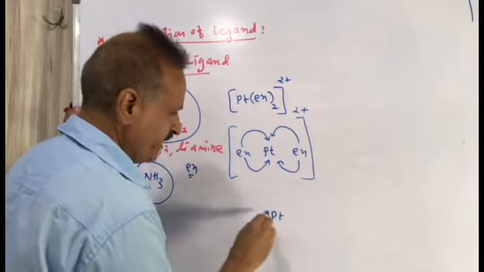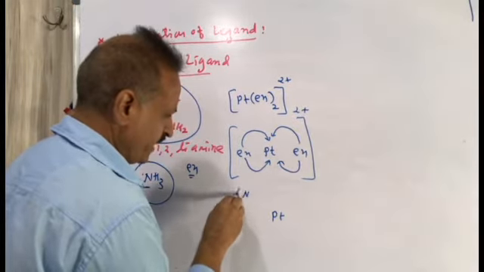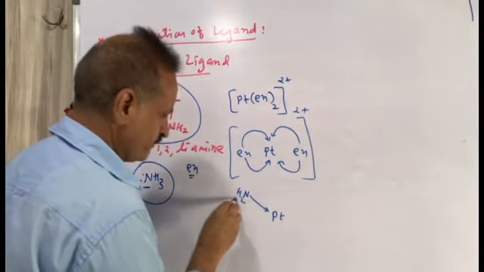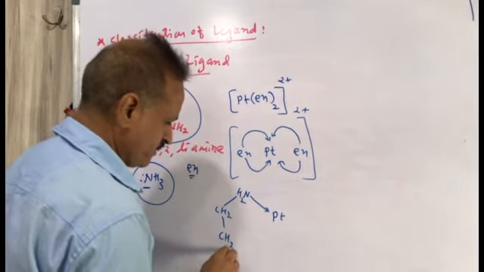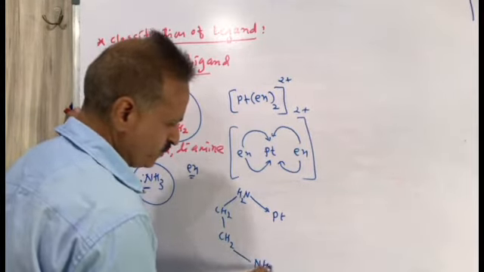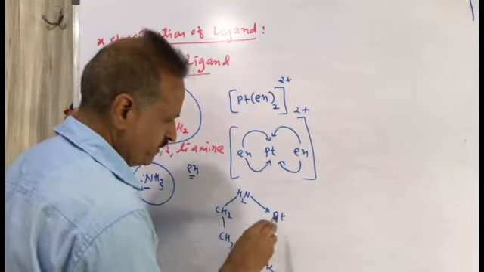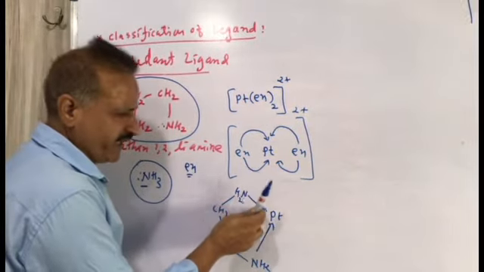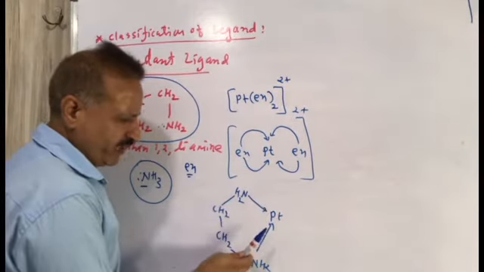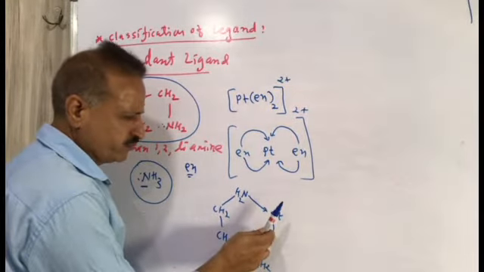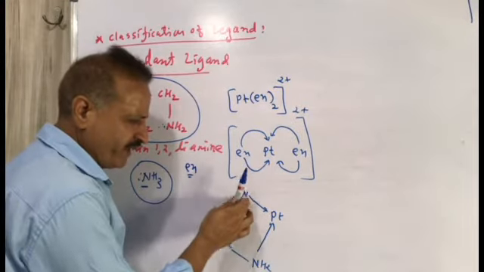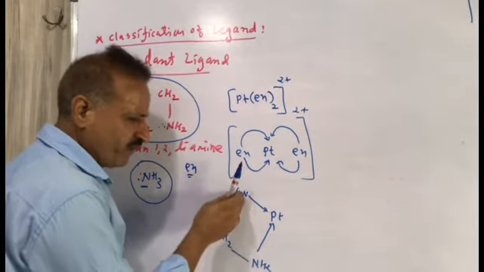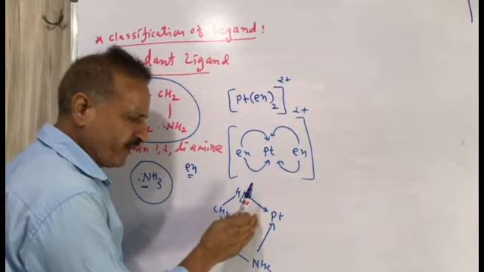Pt, en means what? NH2, CH2, CH2 and NH2. So here nitrogen is donating an electron pair to Pt, nitrogen is donating an electron pair to Pt. So here one molecule having 2 different nitrogens will donate 2 electron pairs.